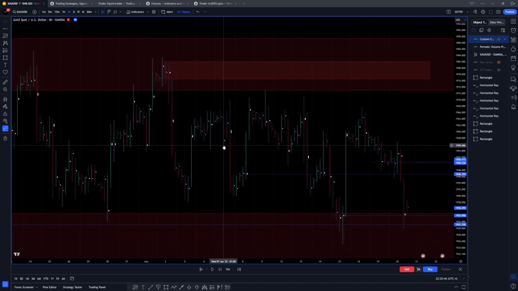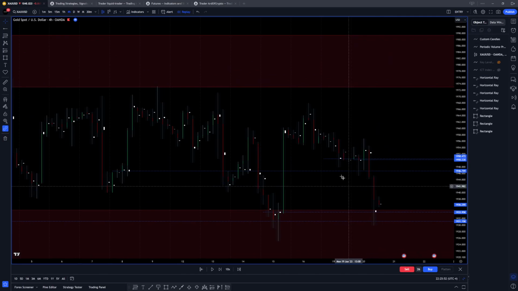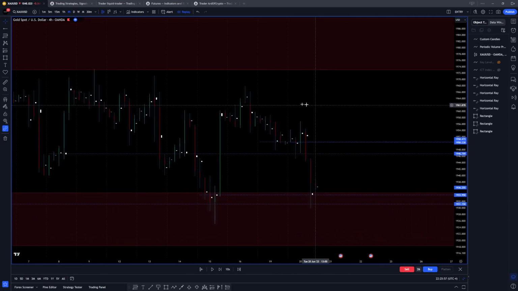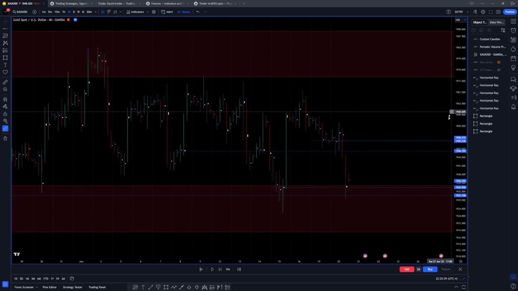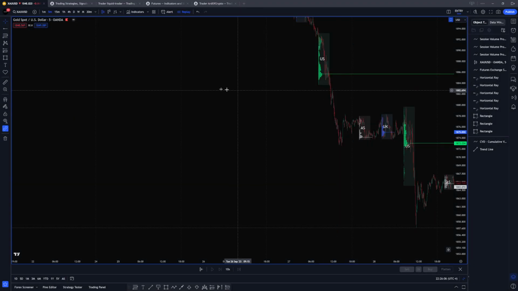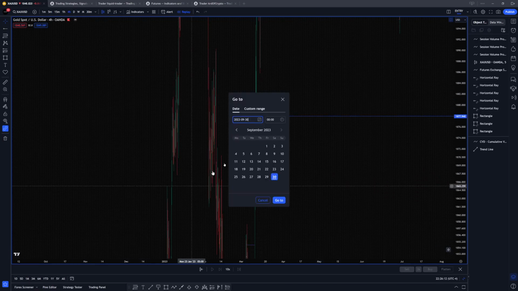Okay, so mark off your areas on the daily time frame and the 4 hour, and then from there, what you're gonna do is go down to your trading time frame, and we're about to go into that right now. So this is June 23rd. So let's scroll down to June 23rd. Take us back.